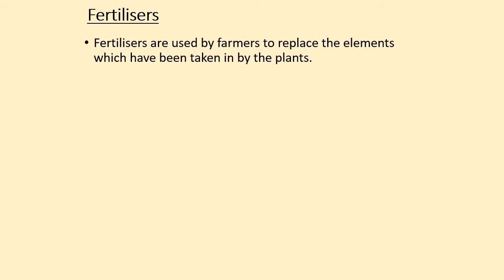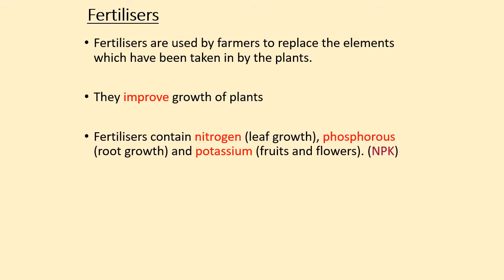Now, sometimes to help plants grow in soil, we add things called fertilizers. Fertilizers are used by farmers or by gardeners to replace some of those essential minerals and elements, put them back into the soil after plants have absorbed them. They improve the growth of plants.